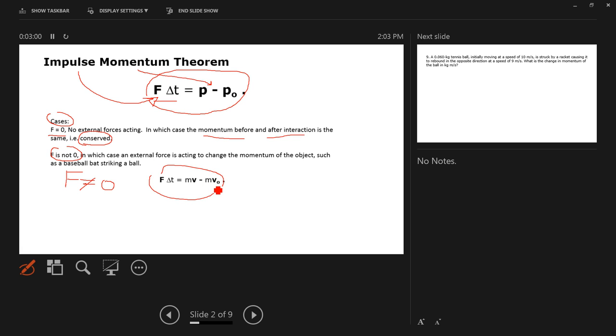You can think of that as a tennis racket hitting a tennis ball, a golf club hitting a golf ball. Any sports analogy you can think of, an external force acting on the mass to accelerate it, changing its momentum.